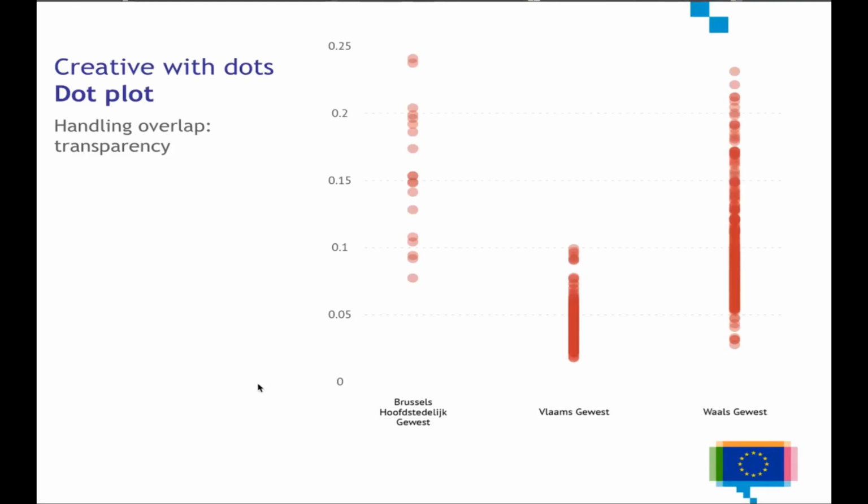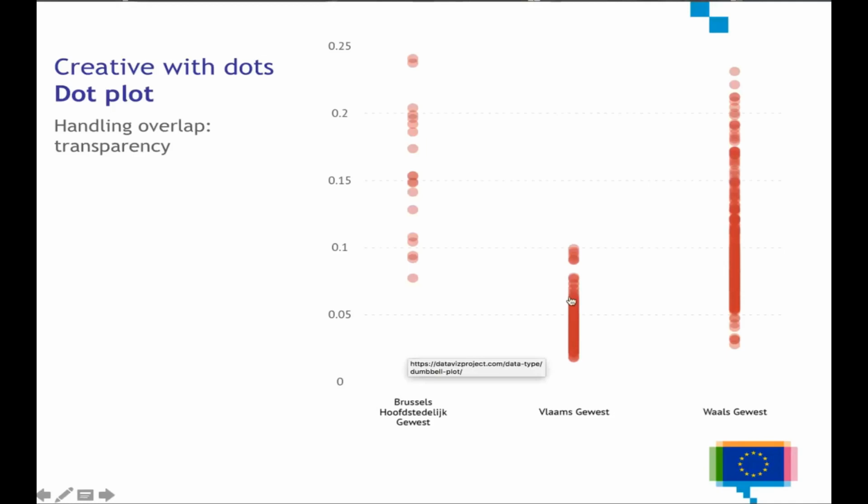So what you're looking at are 589 dots, each one representing one Belgian municipality grouped into the 3 regions of Belgium. And because we have 589 dots, they are overlapping, but I added some transparency to the dots so you can identify where the clusters are in the data. You can see that Brussels, this is the category on the left, has 4 less municipalities than Flanders.